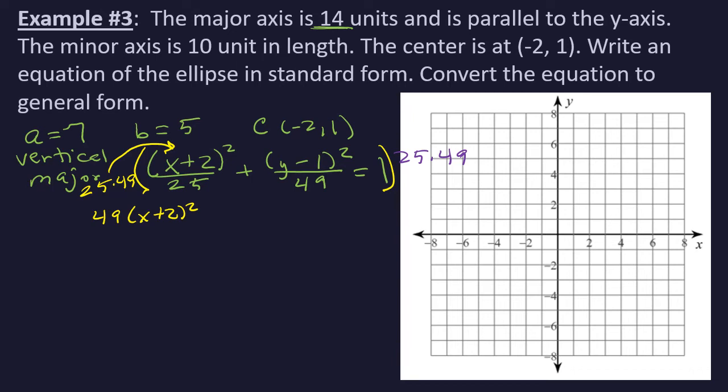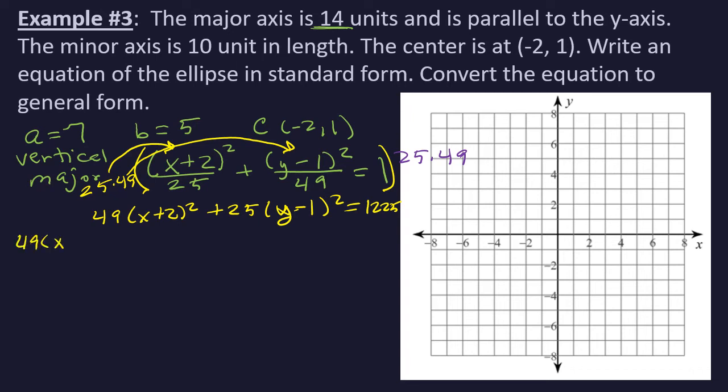And then when I distribute my 49 here, my 49 cancels, but it leaves me with 25 times y minus 1 squared. And over here, if you multiply 25 times 49 very quickly, you get 1225. So I would hit pause, expand your binomials, and move your 1225 to the left-hand side. I'm going to do it very quickly, so keep up if you can.